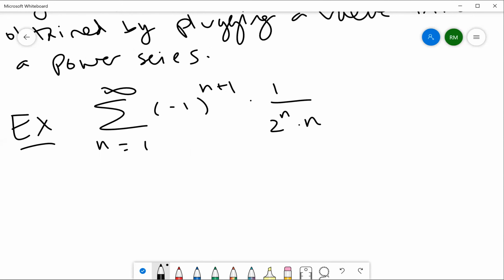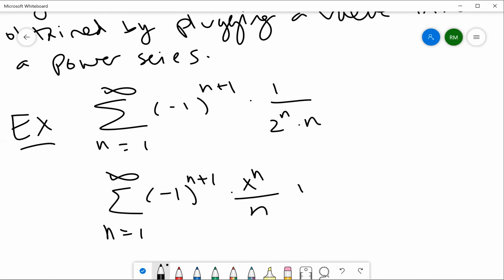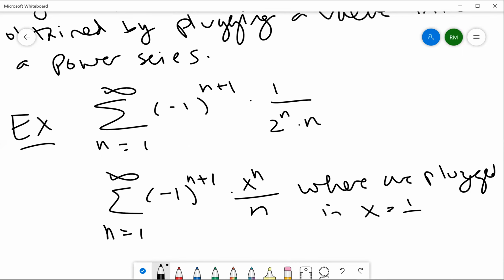And what you might observe is this is the same as this infinite series right here, where we plugged in x equals 1/2.